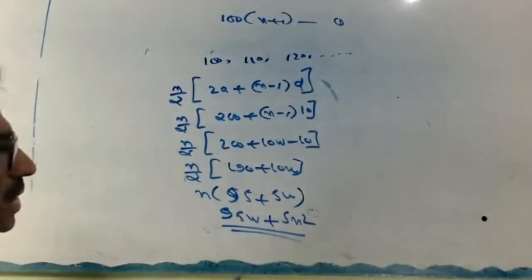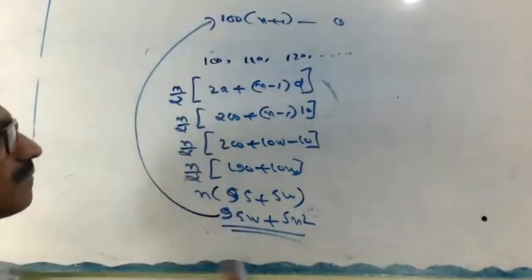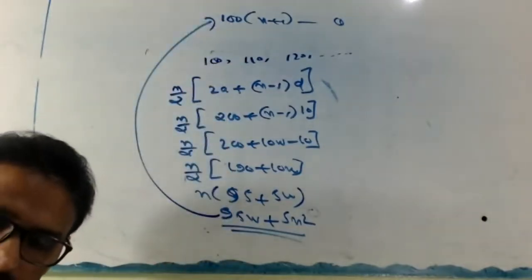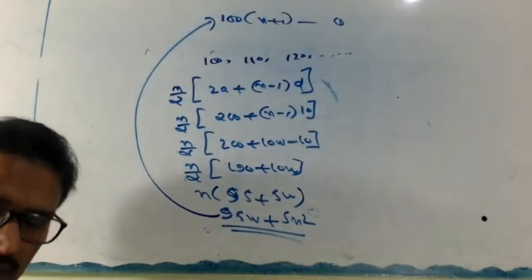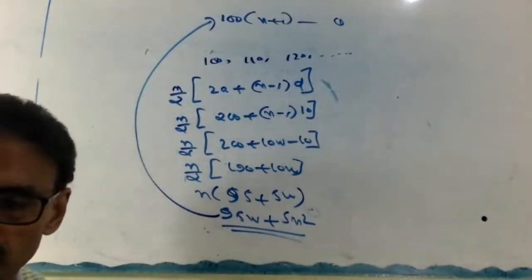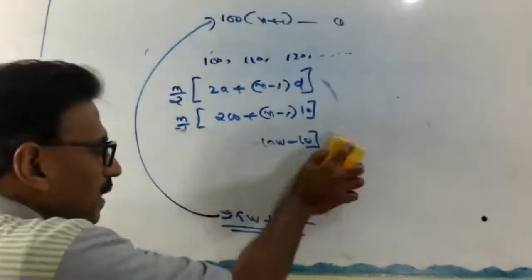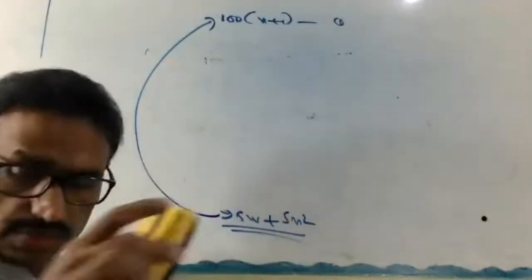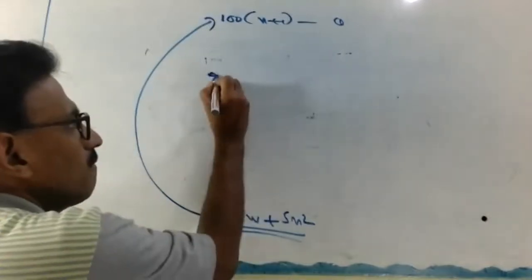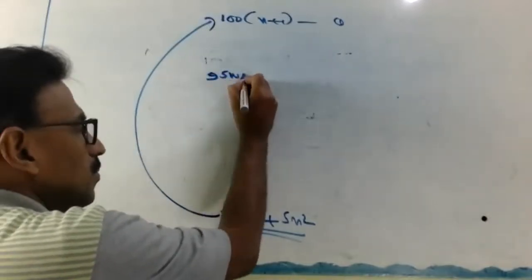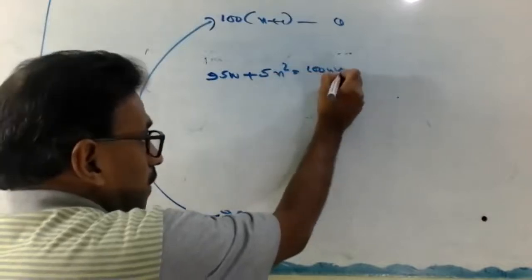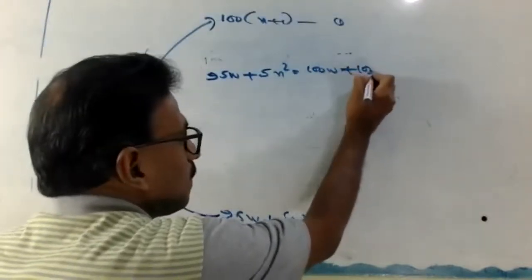Now, this one and this one are equal, right? Why? The distance traveled by the police and the thief is the same. Equating that, I'll show you. So now look at here: 95n plus 5n square equal to 100n plus 100.